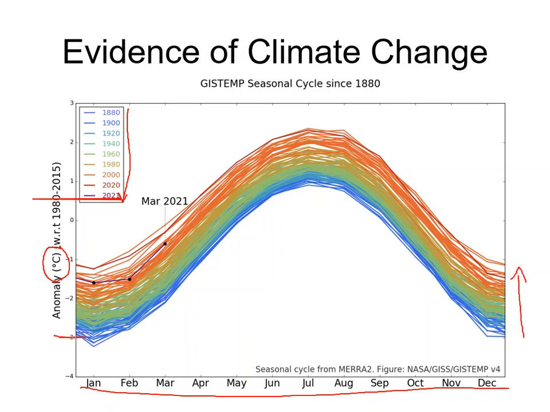If you go over to your axis, you're at about -3 to about 1. There's a 2-degree shift, 2 degrees Celsius, over the past 150 years. An increase in temperature, right? And here's March 2021. This is our current path right here in purple, so we'll keep an eye on that. But basically, every summer that we've had has been a record-breaking summer, and that trend is very likely to continue.